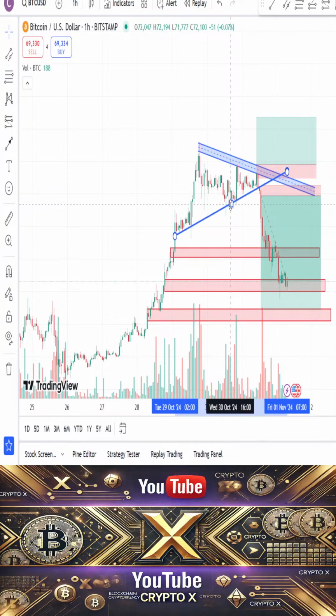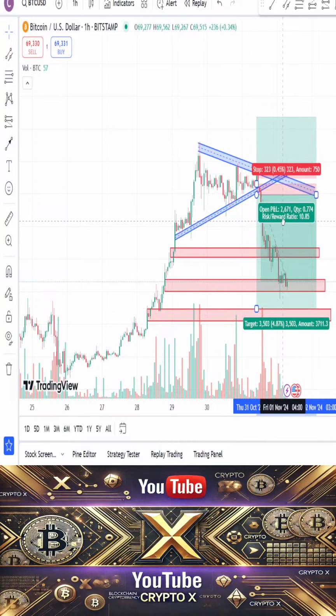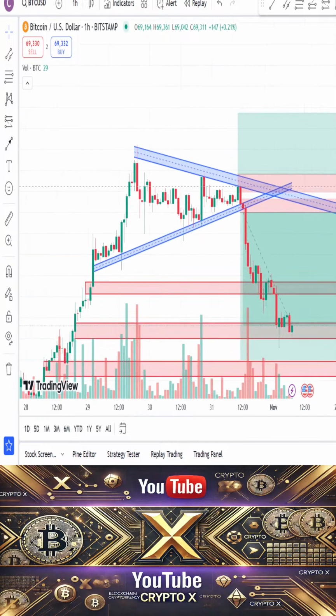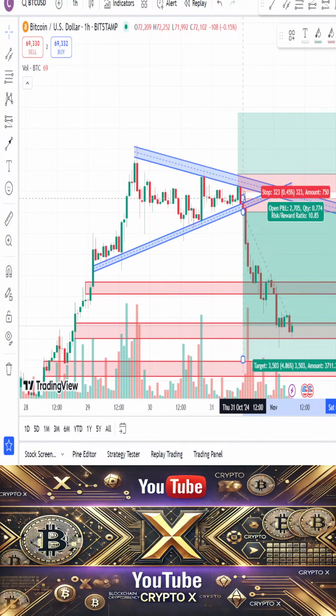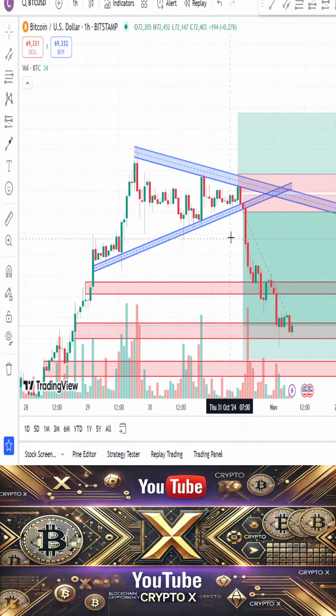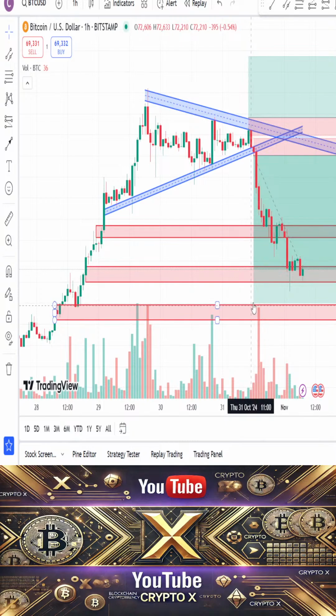But sometimes what happens, you can see a small breakout here. So after this breakout, we have to go with this SL here, or a little bigger, like the last candle with a little bigger SL.